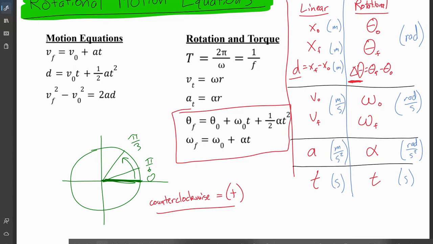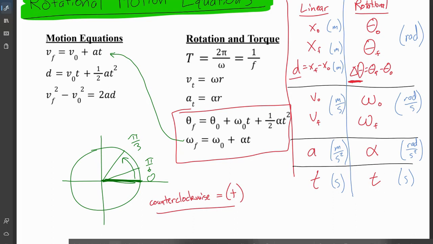It's exactly the same as what we had before, though. You have omega final equals omega naught plus alpha t. That looks just like v final equals v naught plus at. You just substitute in v and omega, a and alpha. You just substitute those in.